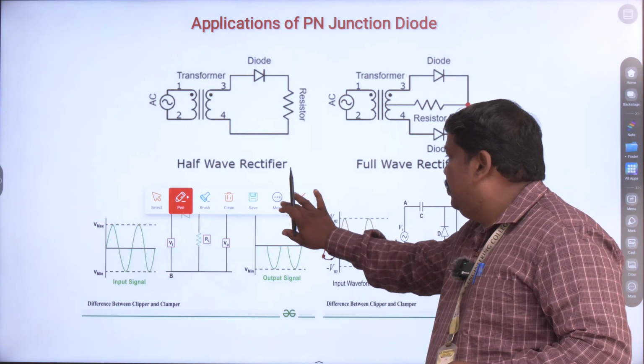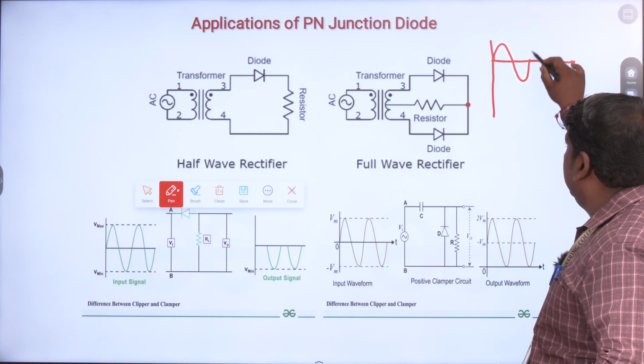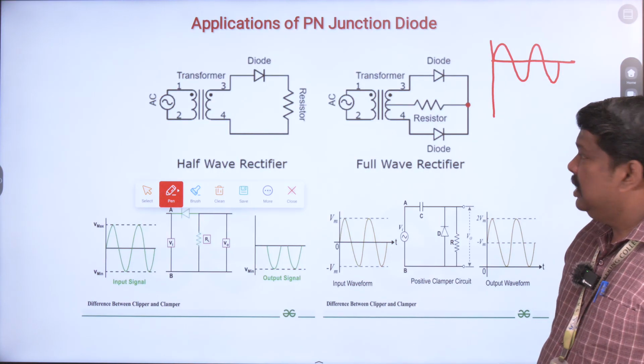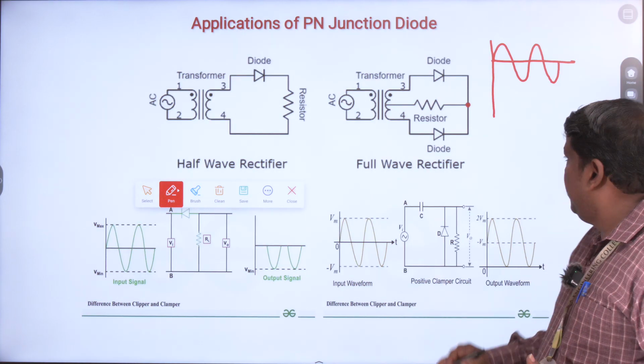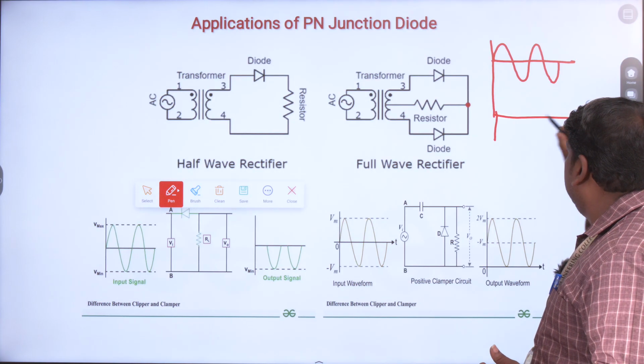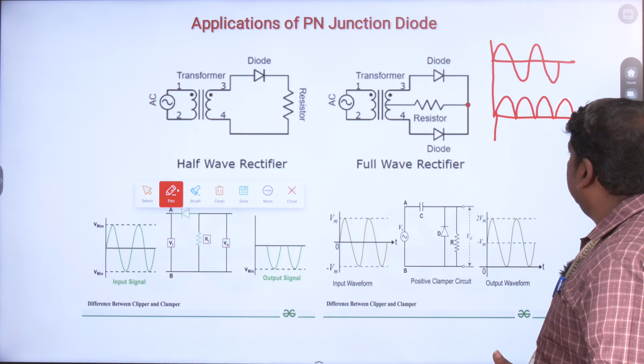Next, in the case of full-wave rectifiers, we apply an AC voltage source. In the full-wave rectifier as well as the bridge rectifier, the output is going to be the same: positive, positive, positive.